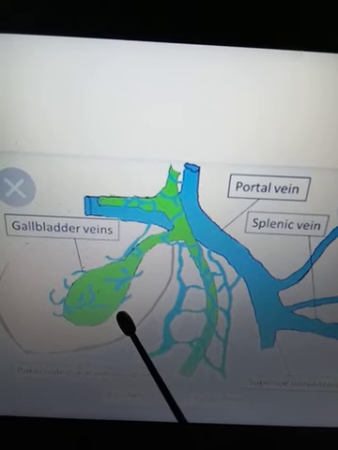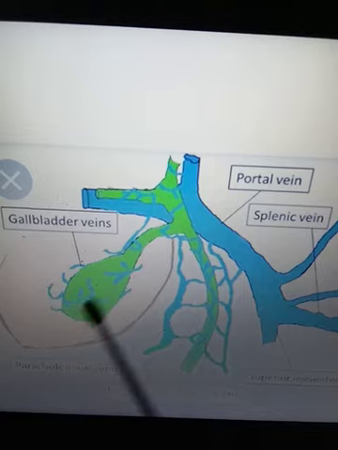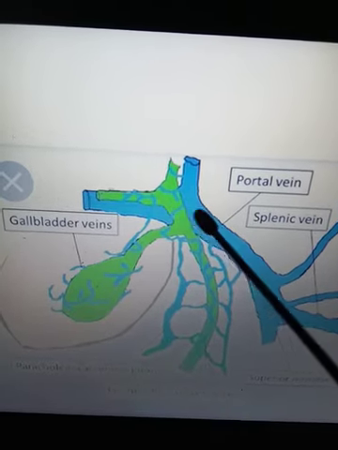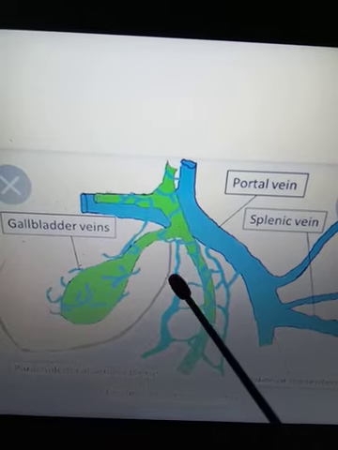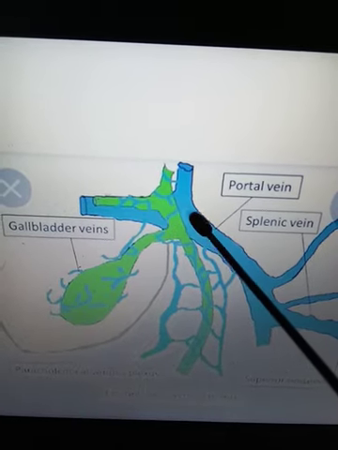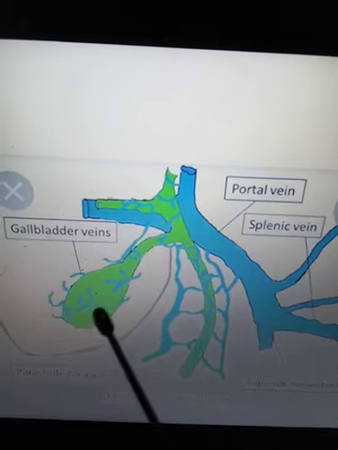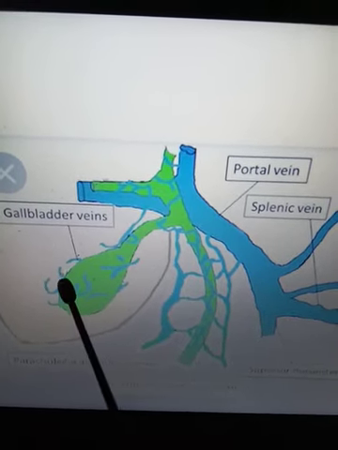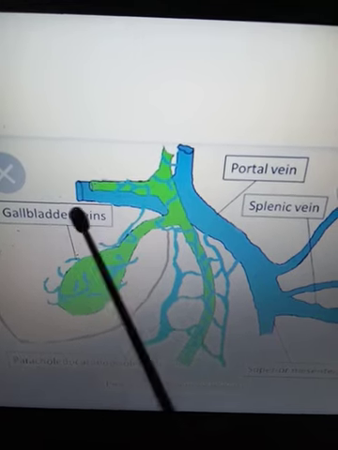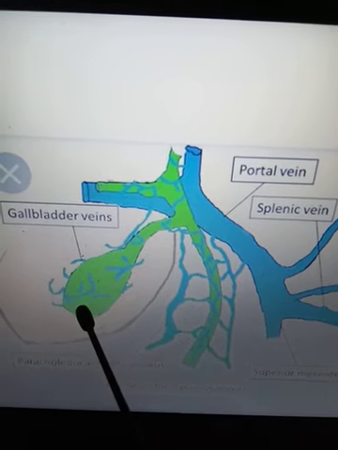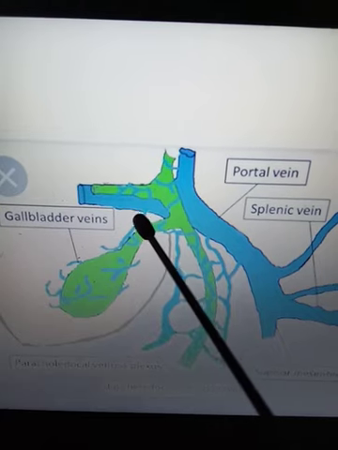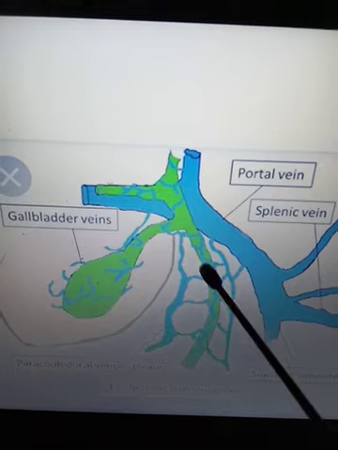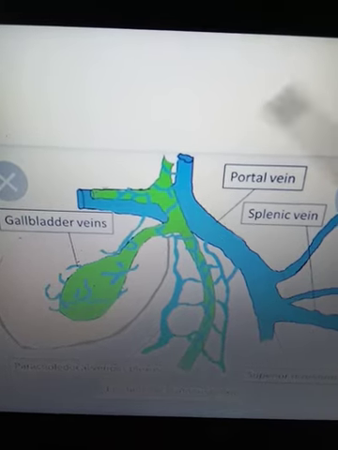The rest of the gallbladder is drained by the cystic vein, and the lower part of the bile duct is drained by the portal vein.